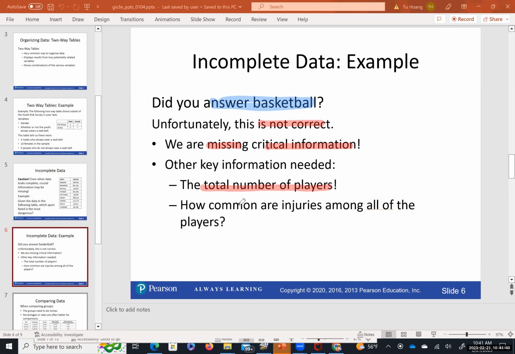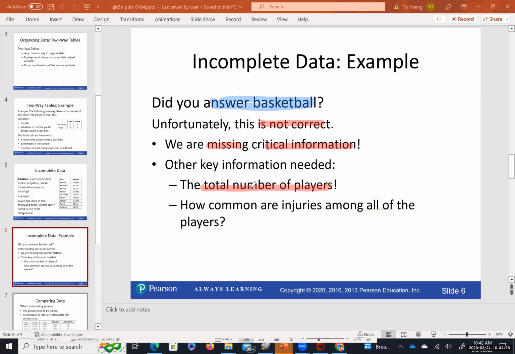Because for basketball there could be a lot more players than that, and if you divide the 500,000 by, for example, 100,000 or a million players, then the percent of getting injured could be really different.